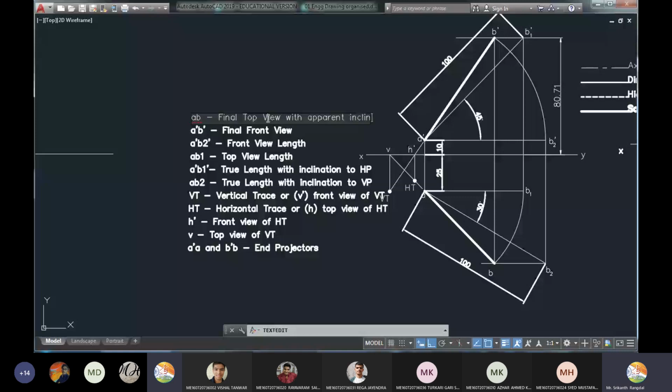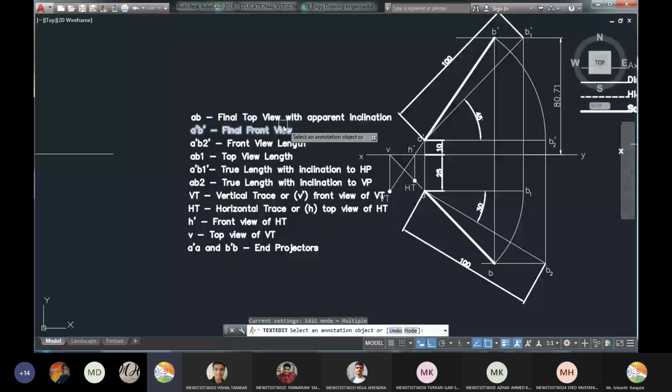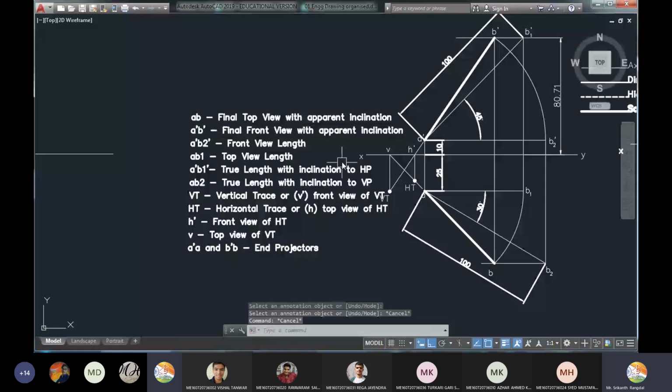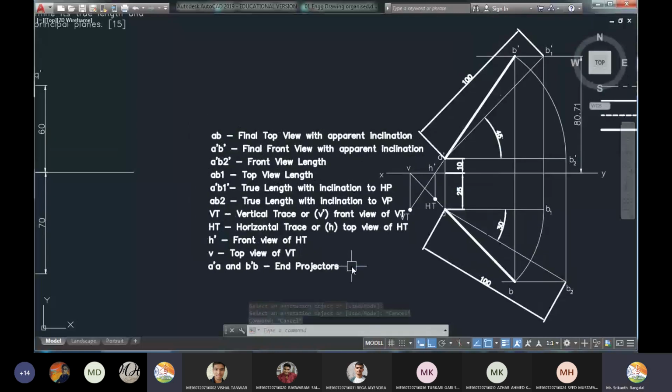Apparent means appearing, it just appears. Some students just appear to be listening to the class. Well, actually, they are not listening at all. Fine. So that's how it is. Actual inclination is this. But when you watch it in the front view, it will appear to be at some other inclination. So that is apparent inclination.